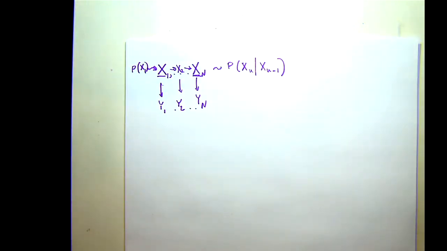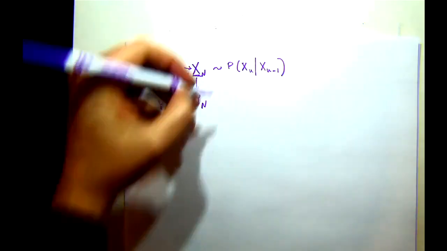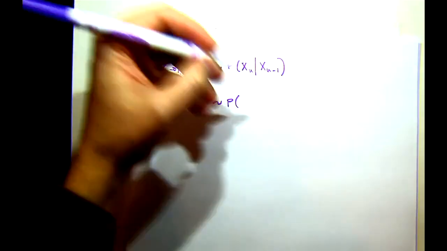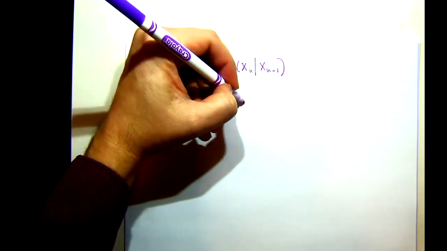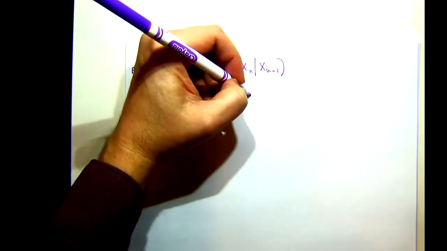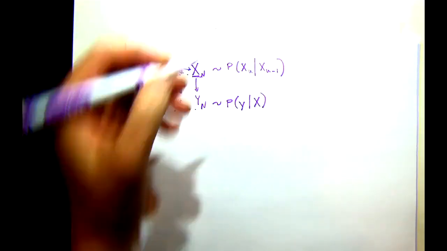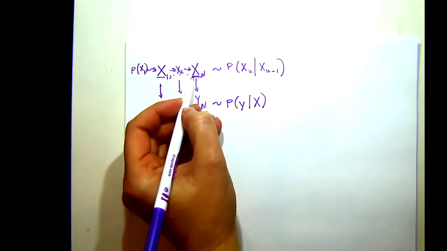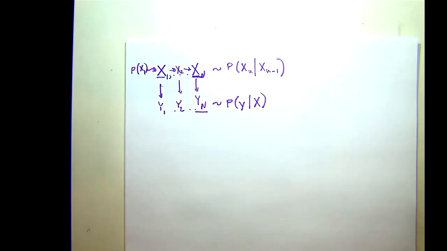Then we have a second distribution over the y values given the x values, the probability of this observation given this state. So those are the 2 or 3 distributions we need in order to model an HMM.